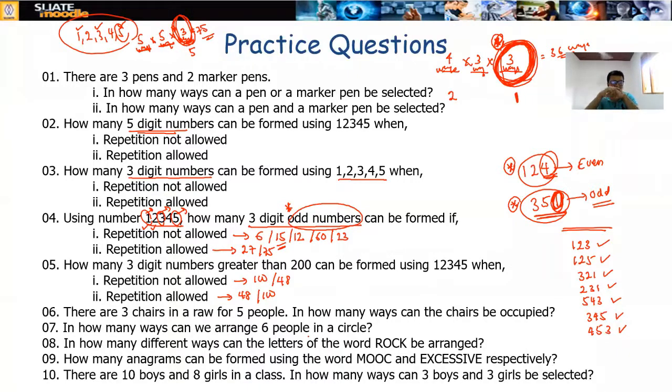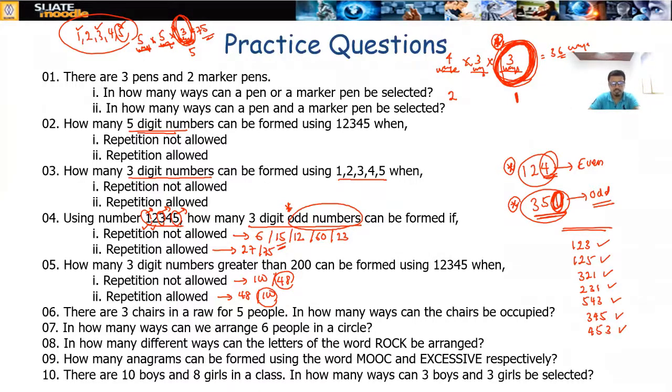Whatever 3-digit number we form should be greater than 200. That is the condition. So how many ways are there if repetition is not allowed and if repetition is allowed? 48 and 100. The majority of you have got this. For part 1 it is 48, for part 2 it should be 100.